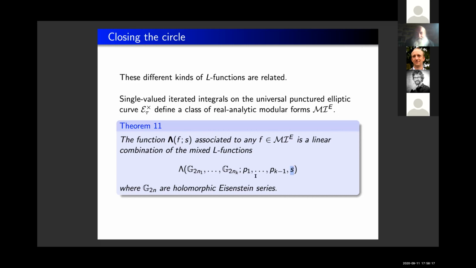So that's yet more evidence that these mixed L functions, at least in this modular case, are doing something really interesting. So from this theorem, we get a prediction. If you have any modular graph function and compute its L function in the way I explained, then that is going to be a linear combination of these mixed L functions of Eisenstein series.